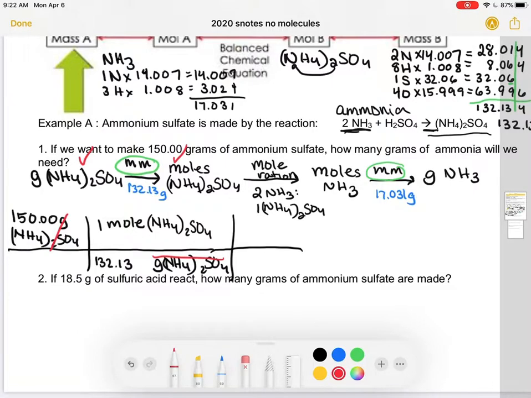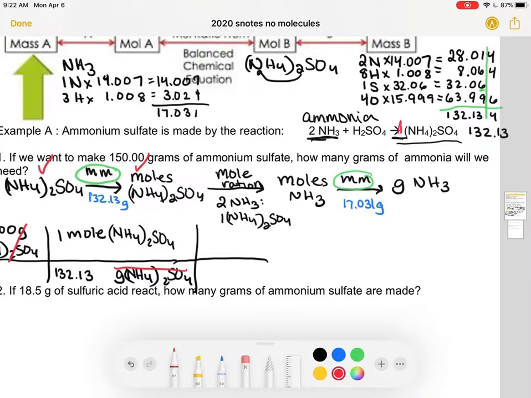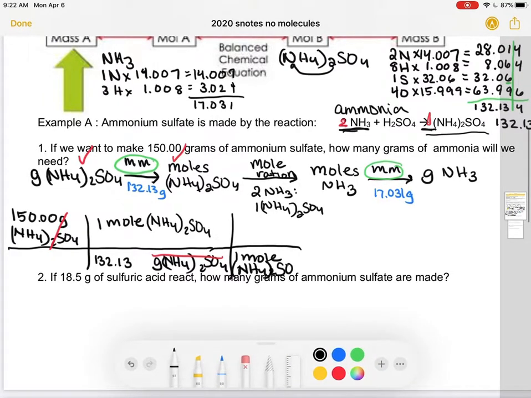Okay, now it's time for that switch over. So we're going to switch over from moles of ammonium sulfate to moles of ammonia. Okay, so I'm going to look at our balanced chemical equation. We get, for every one of these, we started with 2 of those. So, again, for every 1 mole of NH4 to SO4, we used 2 moles of NH3.